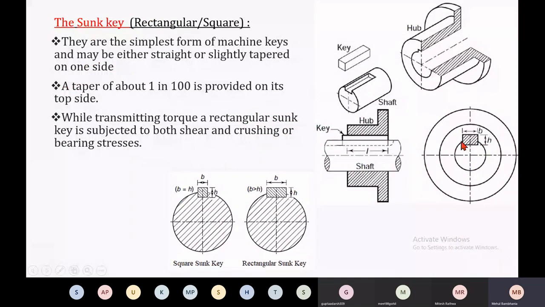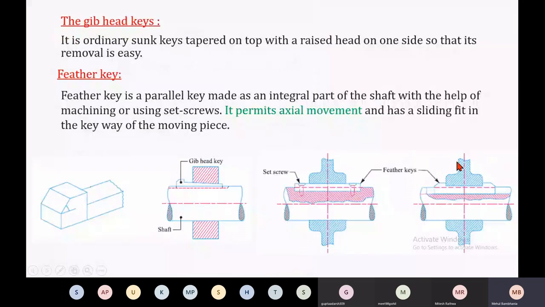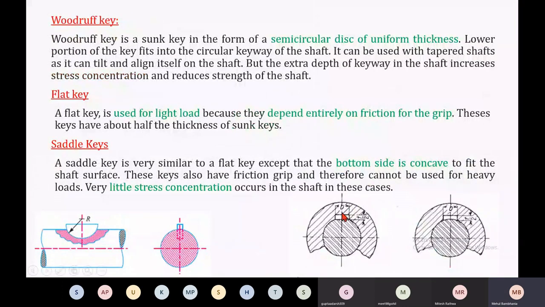In a sunk key, half of the portion is inserted in the shaft and half of the portion has contact in the hub. But in the case of a flat key or saddle key, only the hub has a key slot, and the flat key is inserted in it. Now this flat key works entirely based on friction between the shaft surface and the key surface.